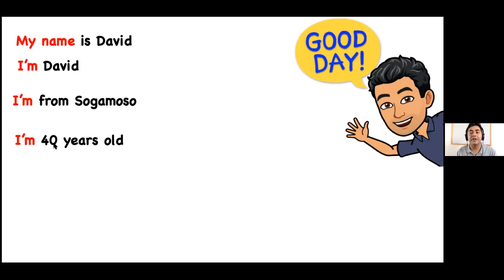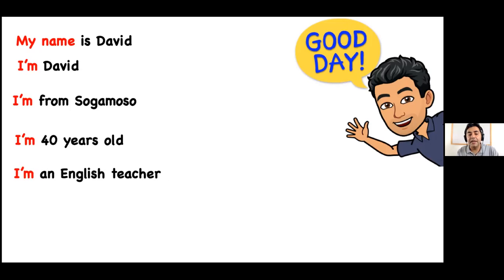So be careful here, because this is a mistake that most students make. ¿Sí? Es un error que la mayoría de los estudiantes cometen al decir, I have. ¿Sí? I have 20 years. I have 5 years. But in English, we use the verb to be. I'm 40 years old. No, I have 40 years old. Okay, so remember this.